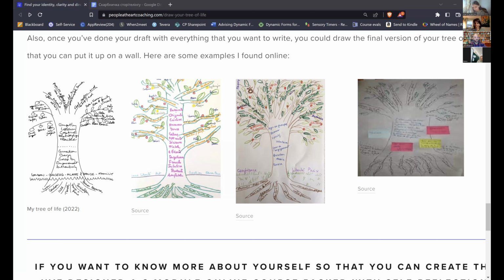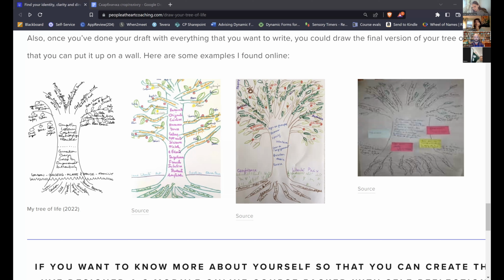Sometimes there are things that have been important in your life that are not pleasant. Іноді у нашому житті є щось, що не дає нам задоволення. You do not want to include these things in your tree, but you cannot ignore the impact they have had on your life.